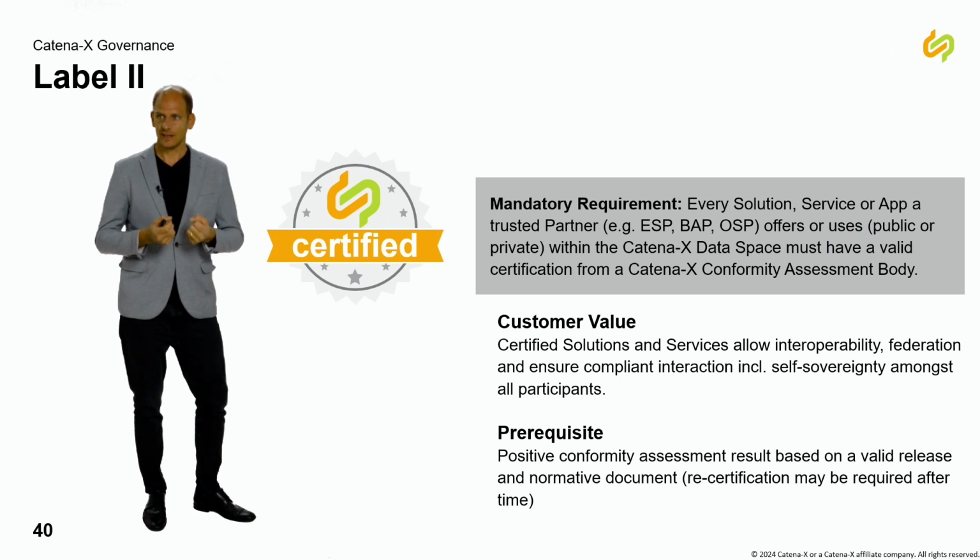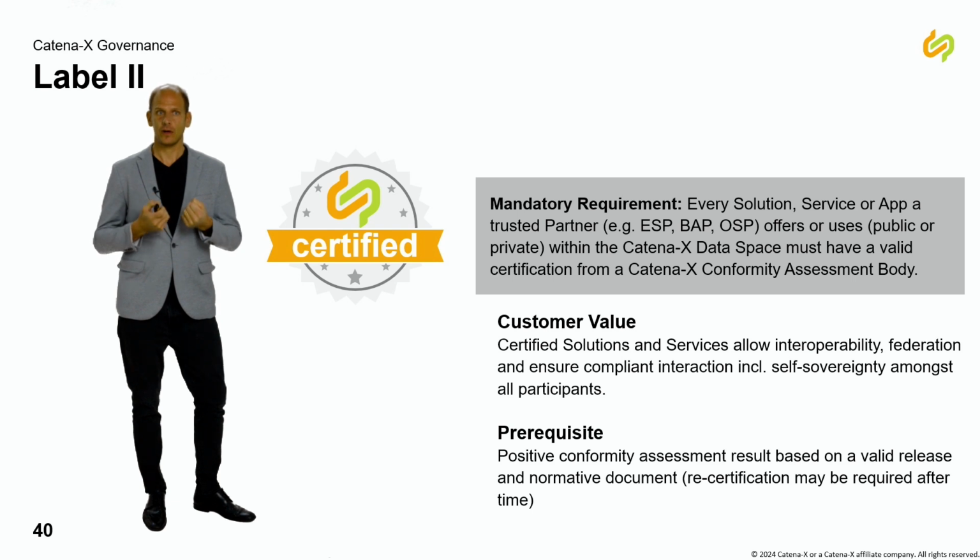The label certified is a mandatory requirement for every solution, service or app, or even a trusted partner like the ESP, the enablement service provider, the BAP, the business application provider, and the OSP, the onboarding service provider, that wants to offer and use within the Catena-X data space, and they must have the validated certification from a Catena-X conformity assessment body.